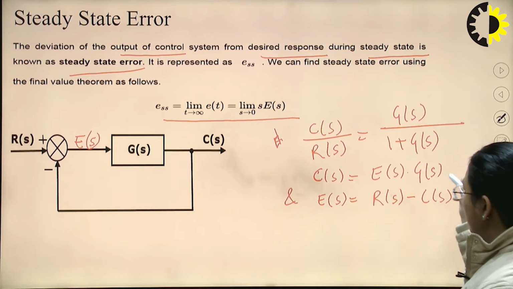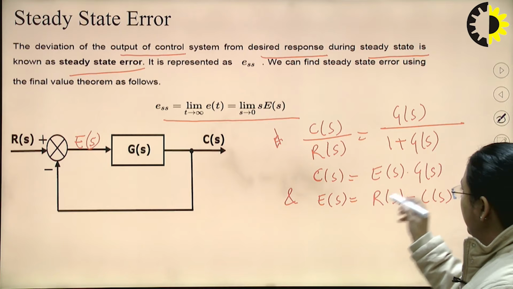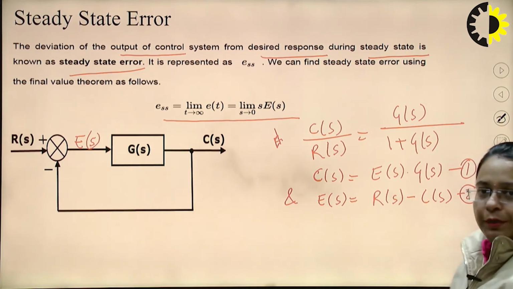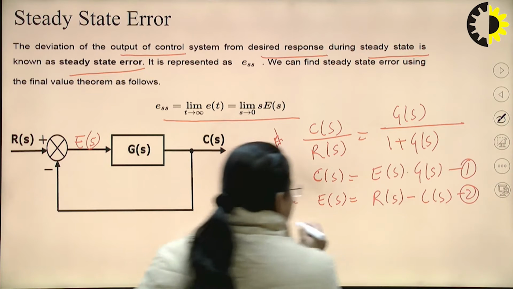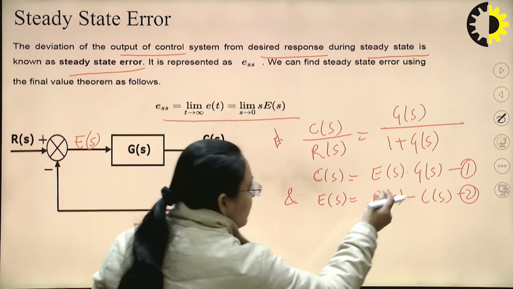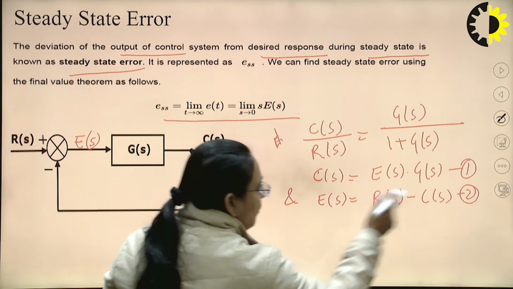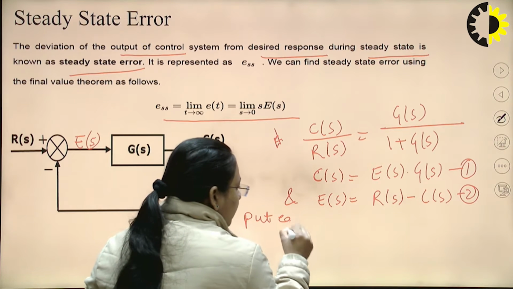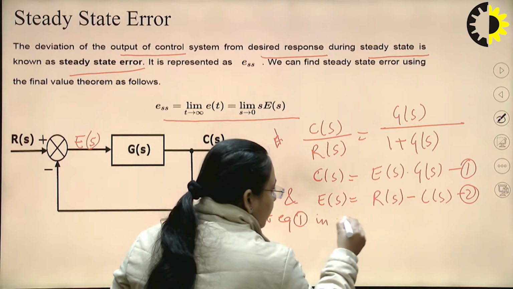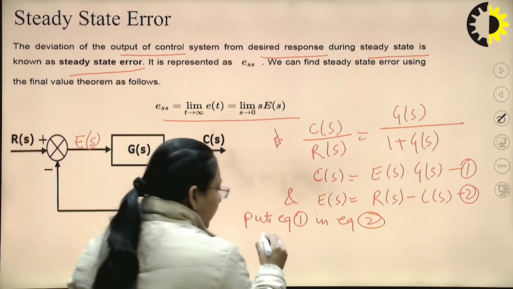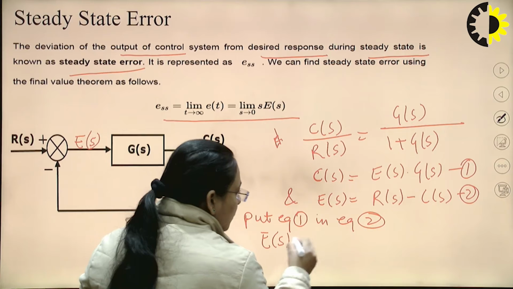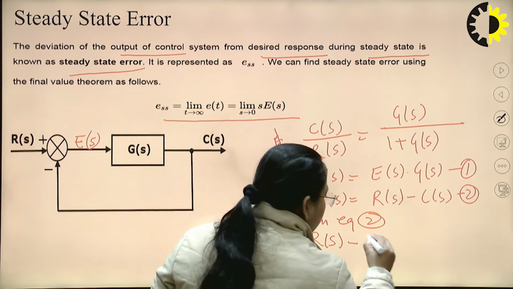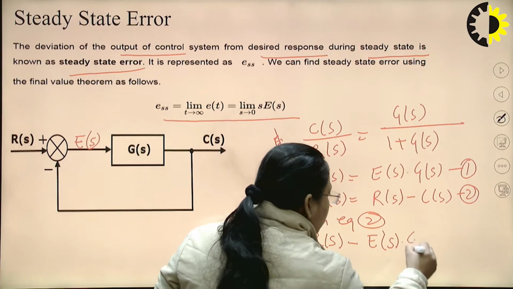So let's put the value of C(s) from equation 1 into equation 2. We will get E(s) is equal to R(s) minus E(s) into G(s).